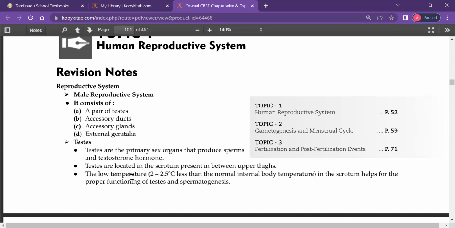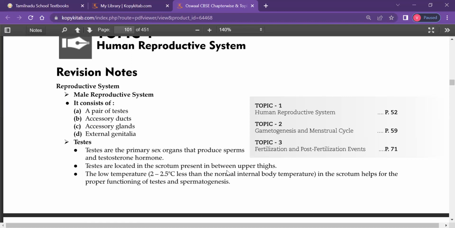The low temperature, 2 to 2.5 degrees less than the normal internal body temperature in the scrotum, helps for the proper functioning of testes and spermatogenesis. If the temperature is less, only then will it produce proper sperms, and the strength of sperms will be good only when the temperature is less.